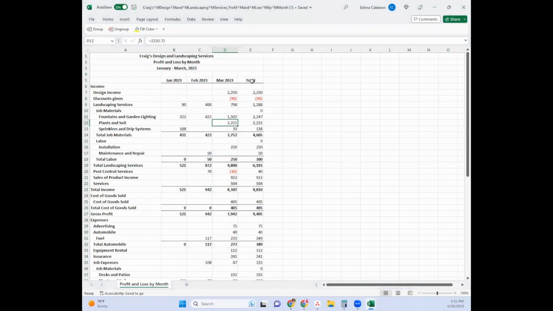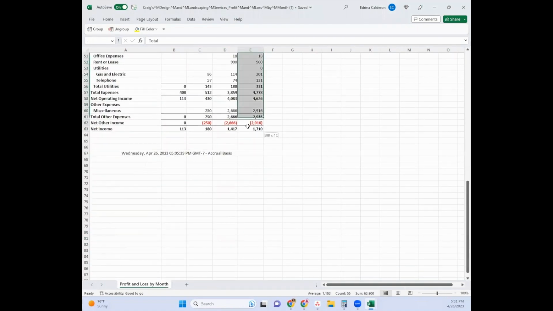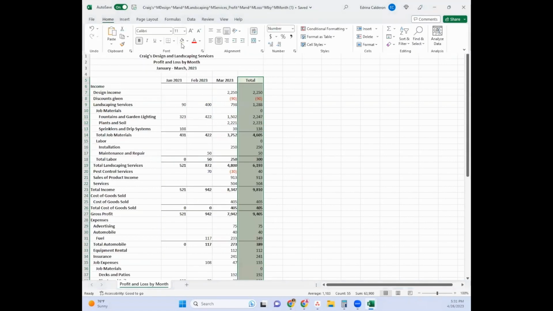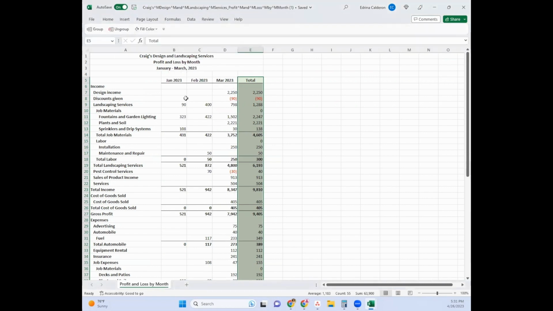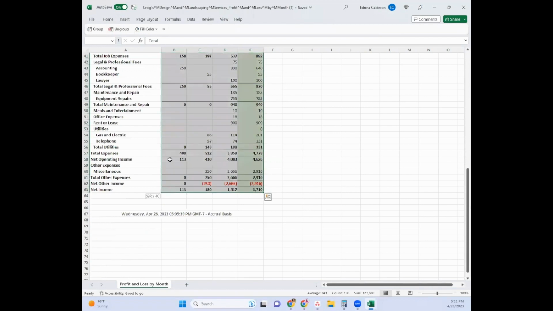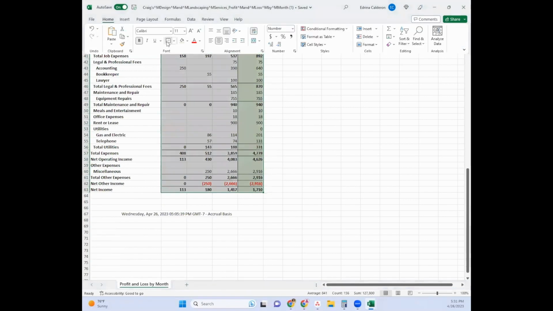This is the total column, and I always like to give it a shade of color so it's easier on my eyes to read the financial statements this way. And I also like to give it a little bit of a border here.